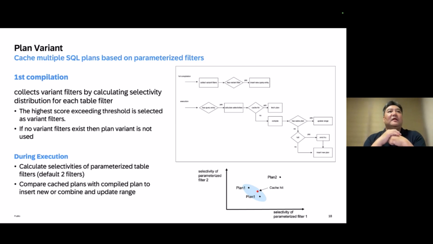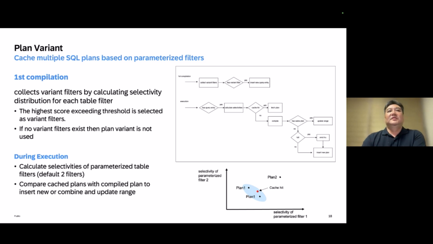And just to go back, the first compilation is trying to make sure which filters are the determining filters. So you have to make sure that the values that have the highest variance of data skewness are selected to calculate the selectivity distribution of each of the table sets, and the highest score exceeding a threshold is selected as a variant filter.